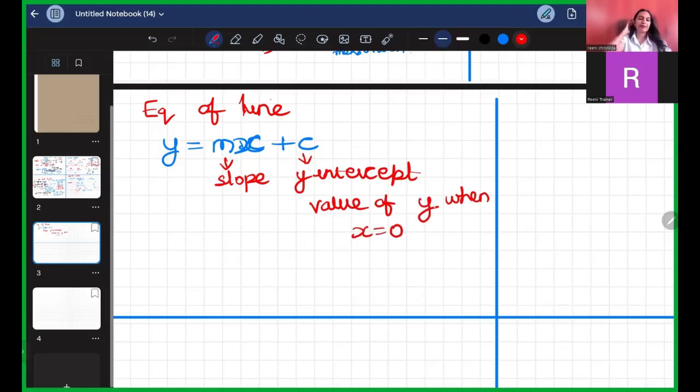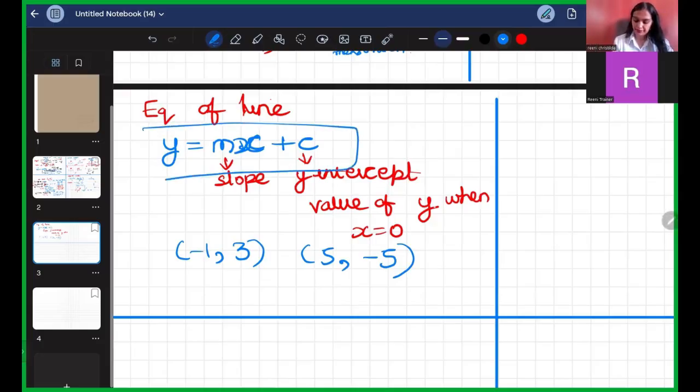They'll ask you real life applications, right? So say you have 2 points, -1 comma 3 and 5 comma -5. How will you write the equation of this line in this format? The first step is to find the slope.